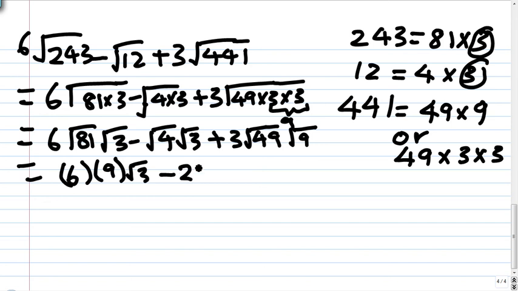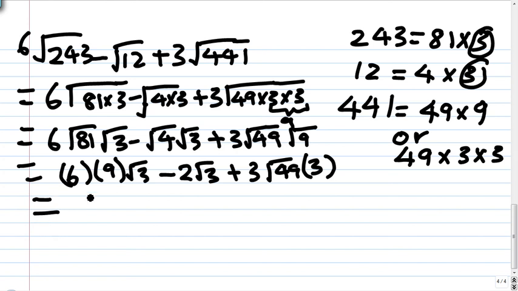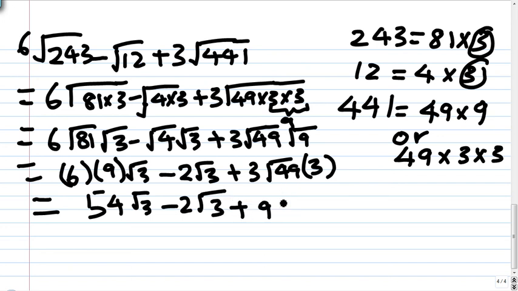Square root 4, you get 2 square root 3. You square root 9, you get 3 square root 49 times 3. 6 times 9 is 54 square root 3 minus 2 root 3 plus 9. Oops, I forgot to do this: square root 49 is actually 7.